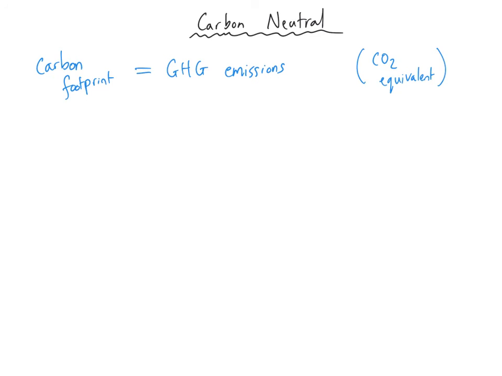Now, carbon neutral activities are activities that have no carbon dioxide emissions overall. That doesn't mean that no carbon dioxide is produced. It means that the carbon dioxide that gets released in the process, maybe through burning, is exactly equal to the carbon dioxide that went in to the process.